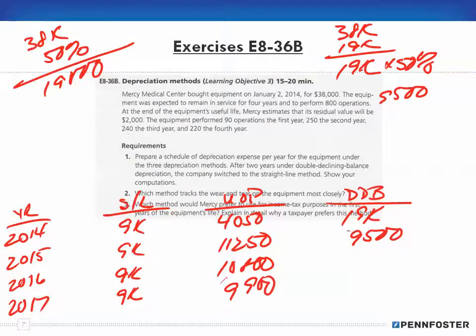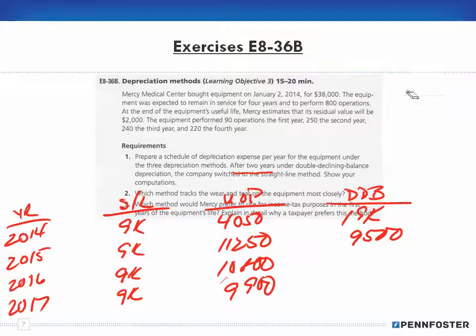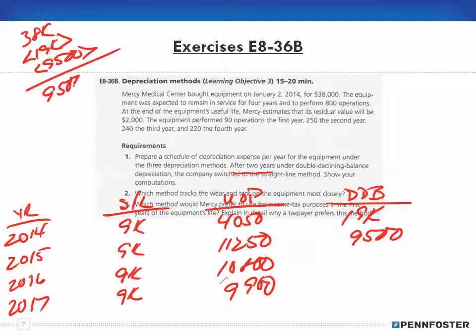But now, in the third year, it says here, after 2 years, the company will switch to the straight line method, right? So my book value at this point in time is 38,000 less 19,000 less 9,500, which gives me 9,500, right?